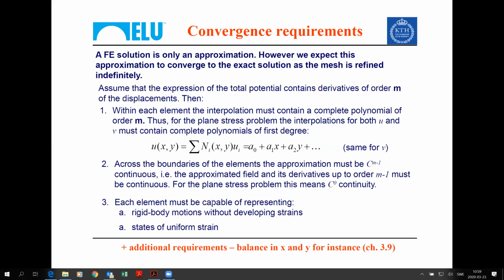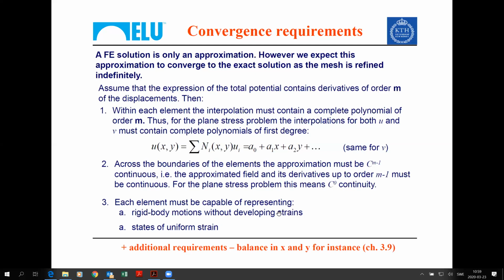Then there are conditions which are related to how the element responds to rigid body motions. The form functions should be chosen in such a way that the element can undergo rigid body motions without developing strains. And furthermore, the element should be able to reproduce exactly states of uniform strain.